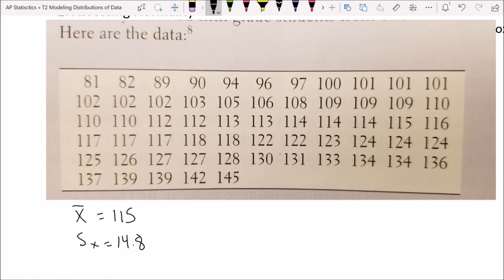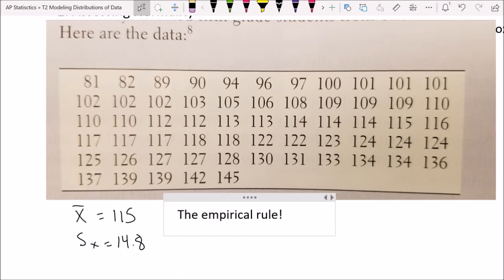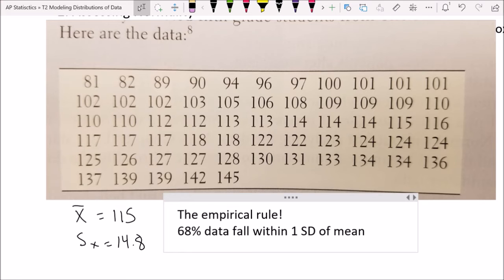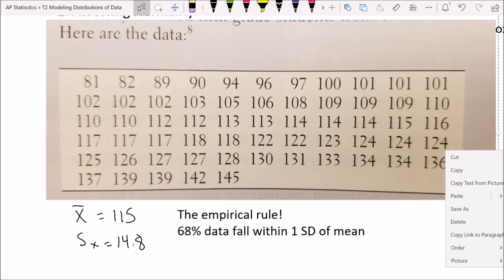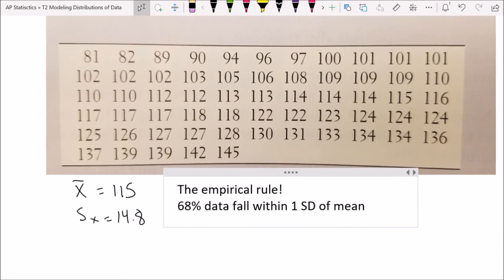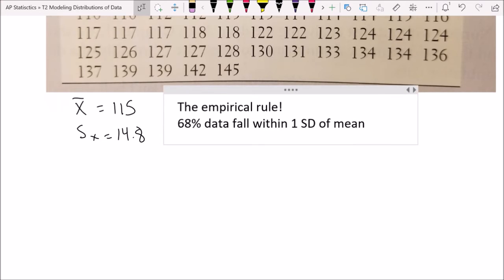And so I'm going to use the empirical rule to help assess the normality of this data set. And remember the empirical rule: 68% of data fall within one standard deviation of the mean. All right, well, what does that look like for us right now? So we're actually going to use this mean and standard deviation that we have right here, and we're going to figure it out.